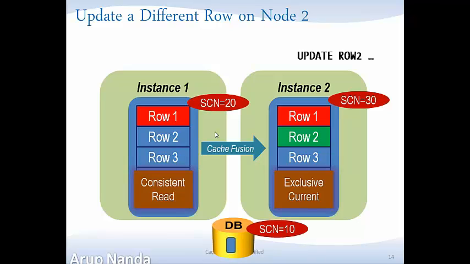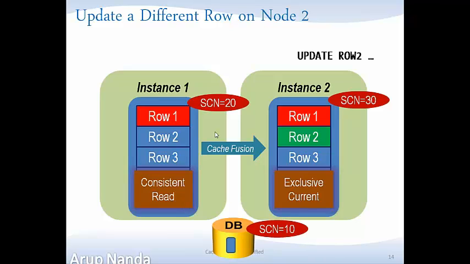Let me repeat that. Instance number 1's copy was exclusive current because that was the first thing it brought from the database, and it was the only one updated anywhere in the cluster. When instance 2 updates the same buffer, it creates a copy from instance 1, but the copy in instance 1 is no longer exclusive current.